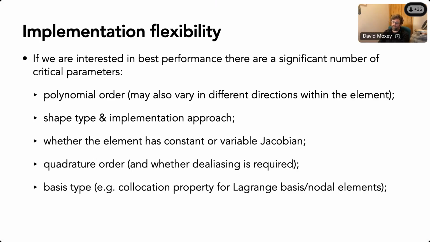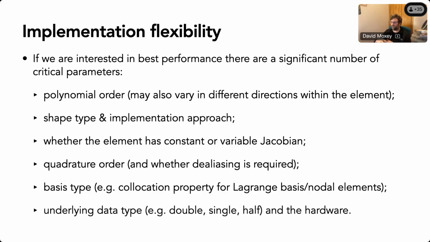And as well, basis type. So for example, I've shown you everything with a modified basis or IC0 basis. If you had a Lagrange basis and you chose to run in a collocated manner, then you can have specialized, even more optimal versions for some of these operators like the mass matrix, which becomes diagonal. So we'd like to be able to capture and encode that.